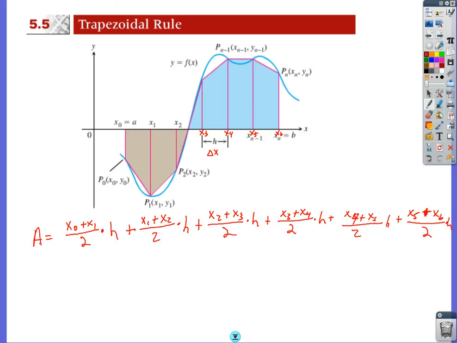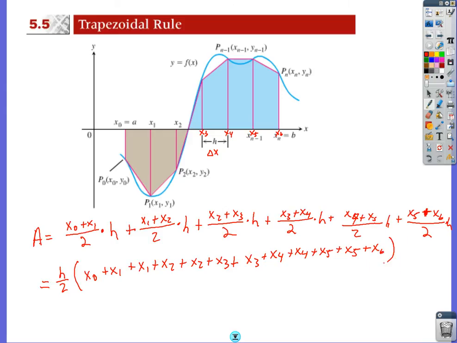And what you should notice is that I can factor out a 1/2 and I can factor out an h from every single one of these. So when I do that, 1/2 times h is h over 2, and I'm left with x sub 0 plus x sub 1 plus x sub 1 plus x sub 2 plus x sub 3 plus x sub 3 plus x sub 4 plus x sub 4 plus x sub 5 plus x sub 5 plus x sub 6.